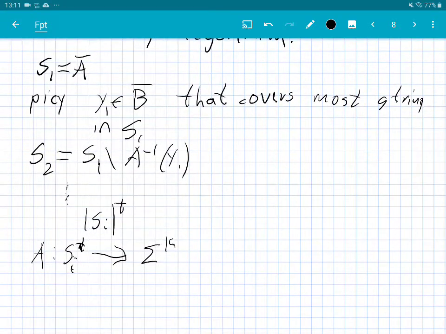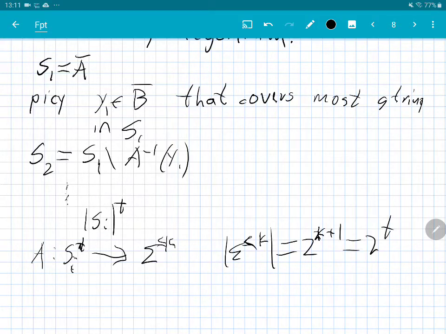Okay, and sigma at most k, the size of this sigma at most k, because we assume the alphabet is of size, this is just 2 to the t, well, it's 2 to the k plus 1, which is really 2 to the t.